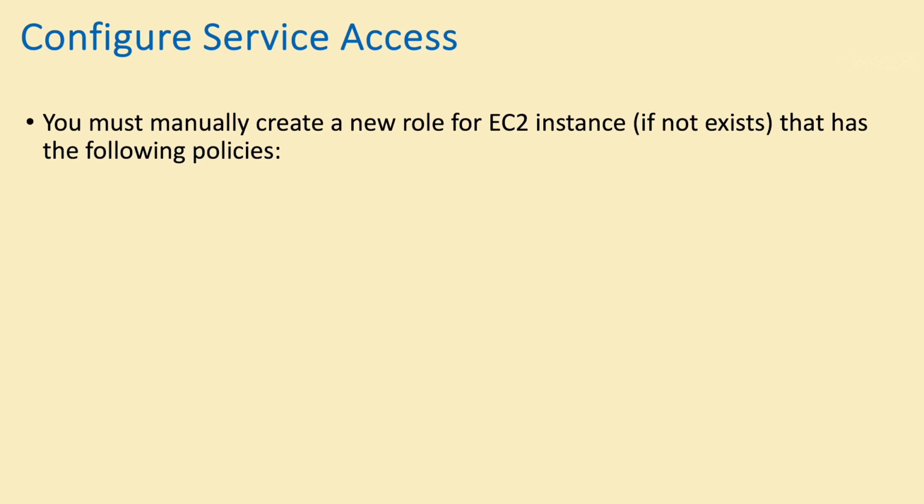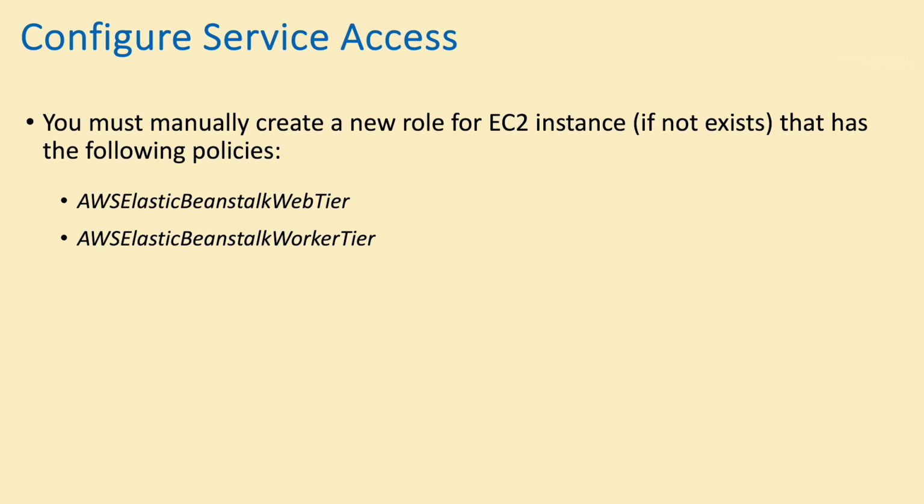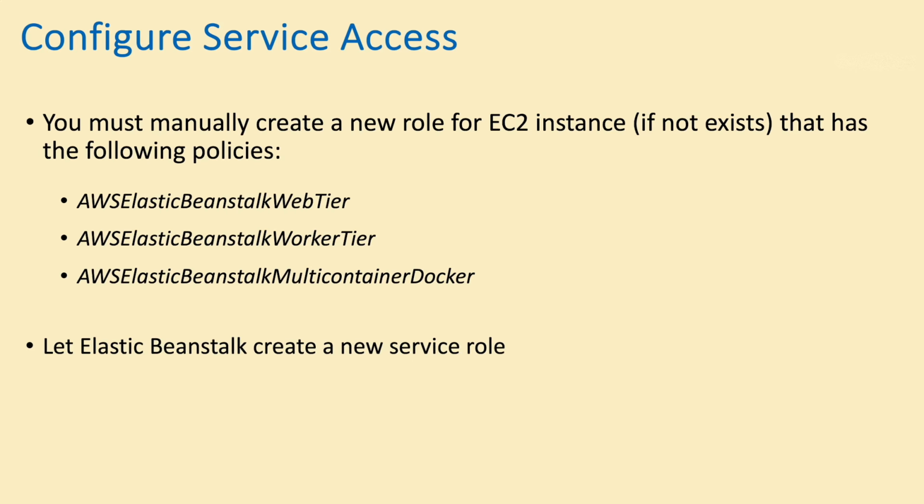You must manually create a new role for the EC2 instance, if it does not exist, that has the following policies: AWS Elastic Beanstalk Web Tier, AWS Elastic Beanstalk Worker Tier, and AWS Elastic Beanstalk Multi-Container Docker, and let Elastic Beanstalk create a new service role.